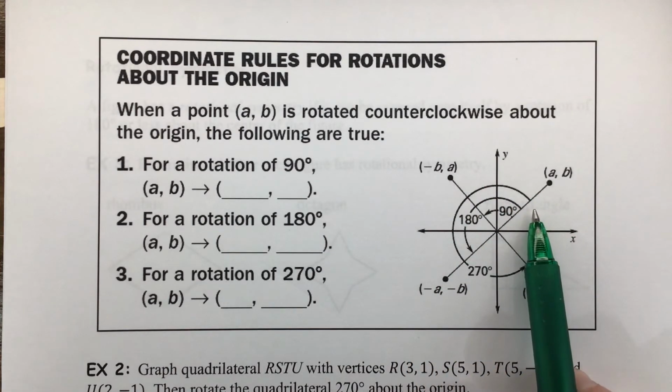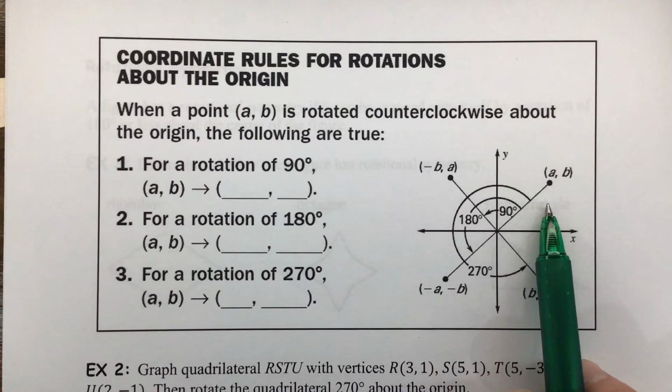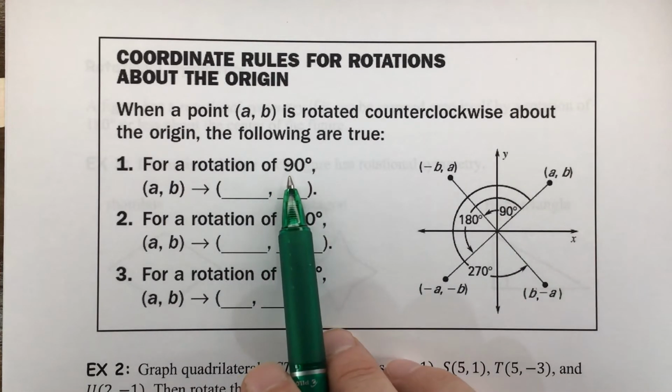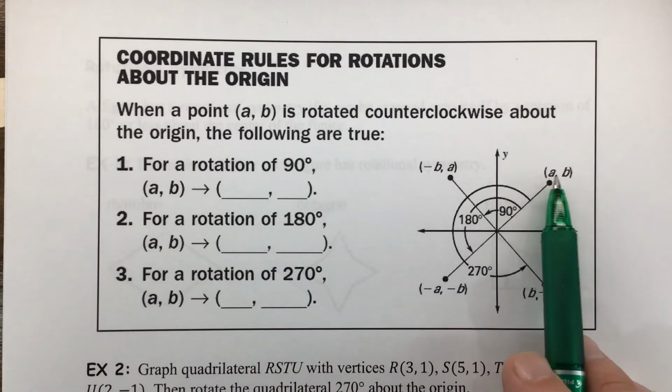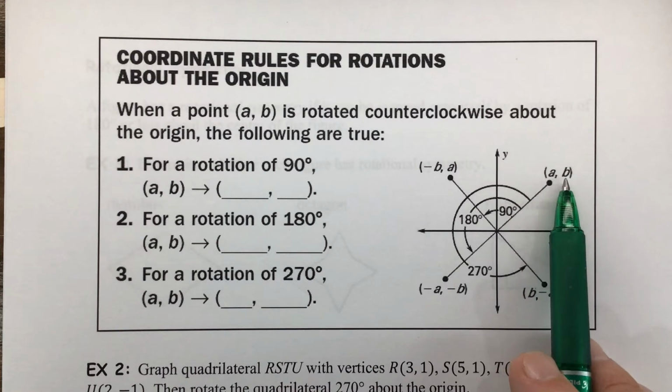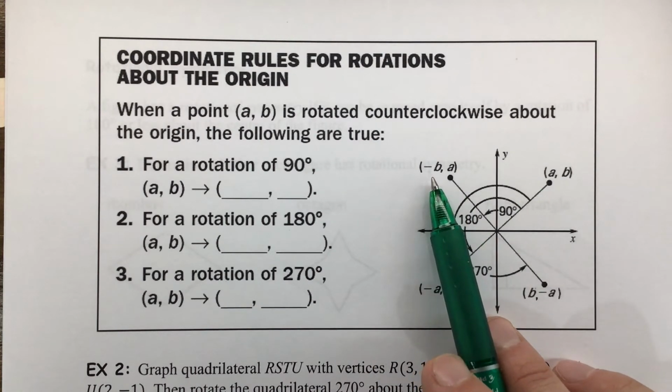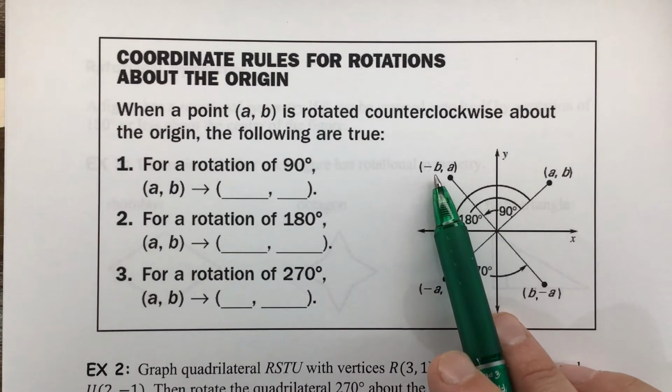Because you might not be in quadrant 1 when you're rotating, you could be in any other quadrant, the way to think about this is that a 90-degree rotation switches the x's and the y's. Then after you switch them, whatever number is now in the x position will be negated. It will become the negative, or the opposite, of whatever it was.